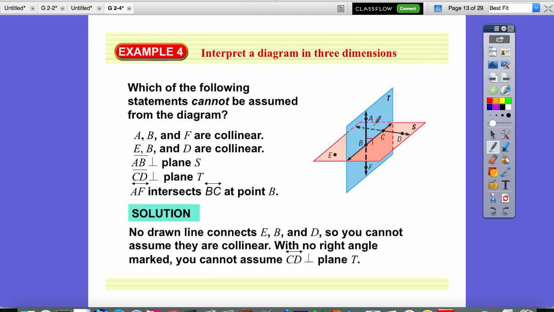AB is perpendicular to plane S. We can assume that because there's a 90-degree angle mark there. CD is perpendicular to plane T. We cannot assume that because there is no marking. AF intersects BC at point B. We can assume that.